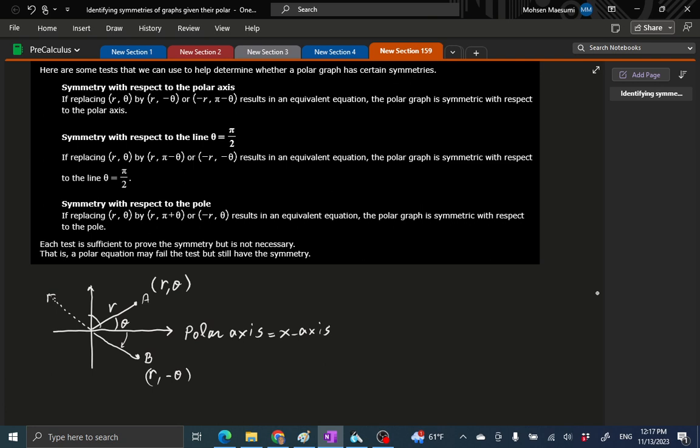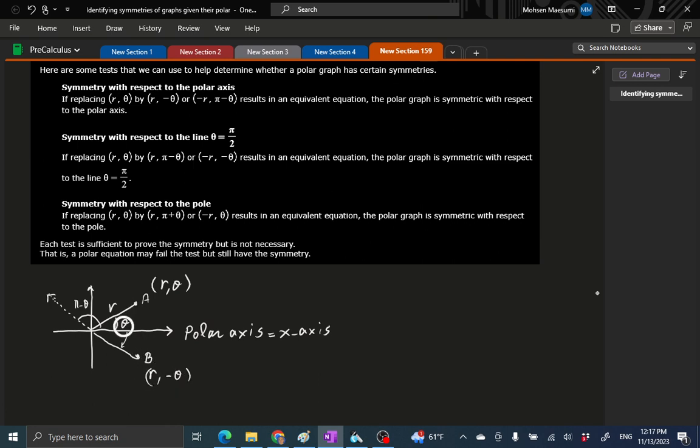That line is at the angle pi minus theta. If this is theta, that's going to be pi minus theta. And on that axis, I could have backed out by minus r. To get to B, you have two options. Take theta and convert it to negative theta, that brings you down.